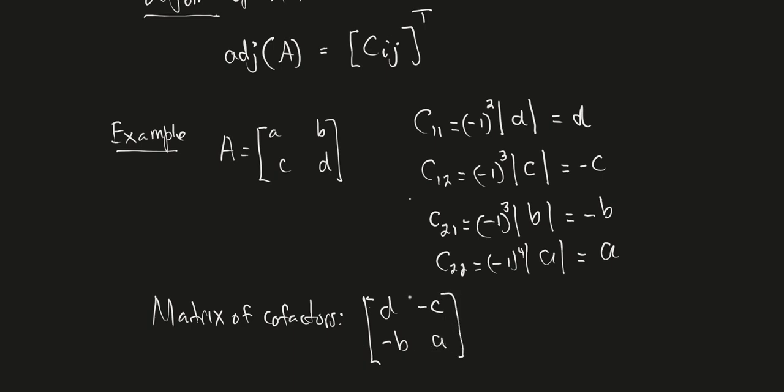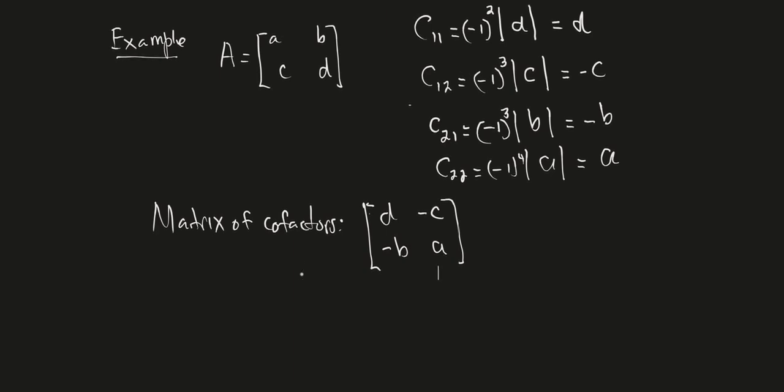And then when you take the transpose of this is where we get the adjoint. So the adjoint of our original 2 by 2 matrix is the transpose of this. Let me put the transpose symbol there.